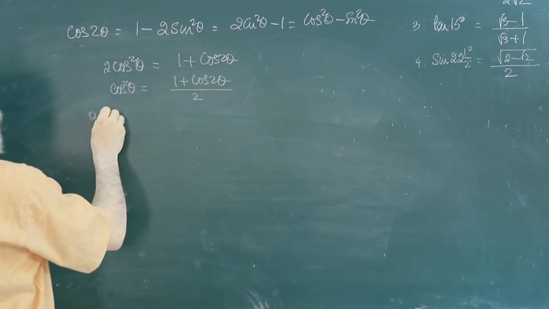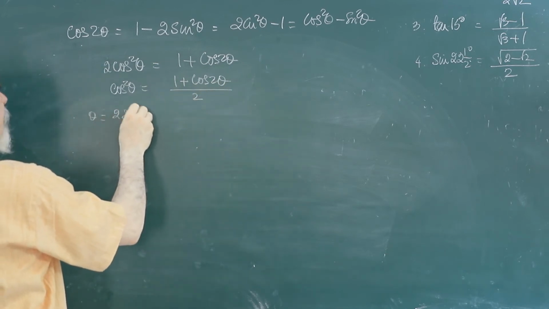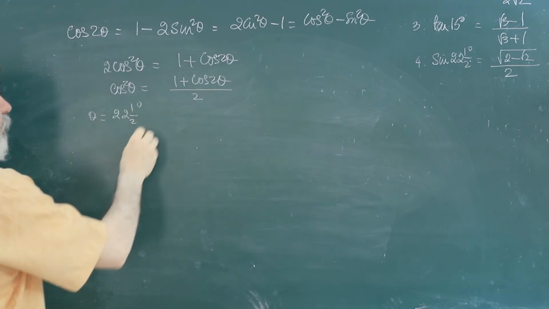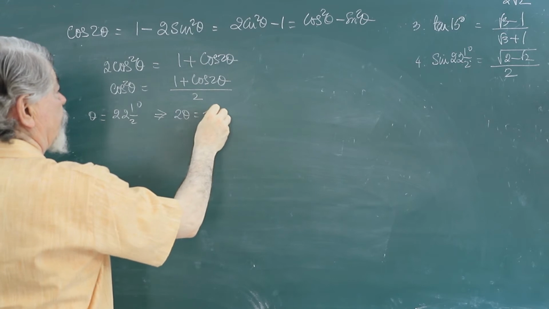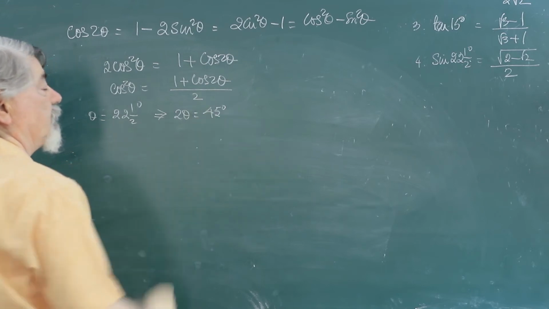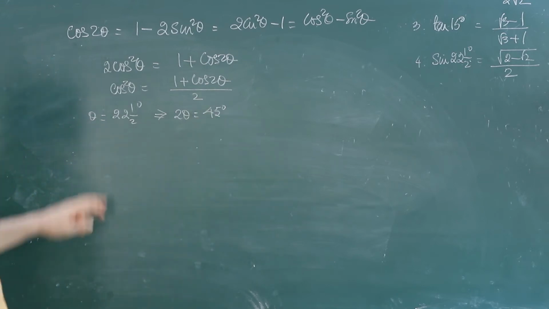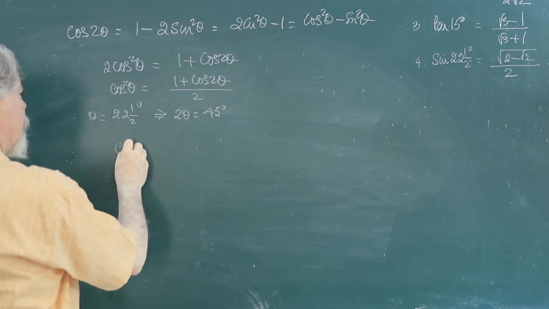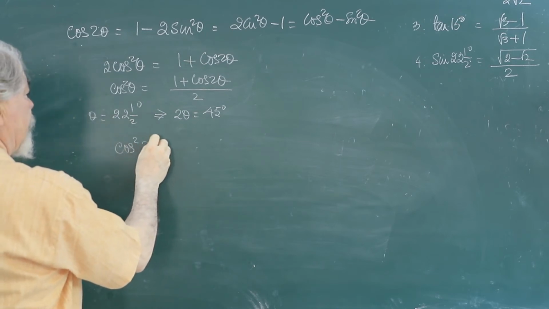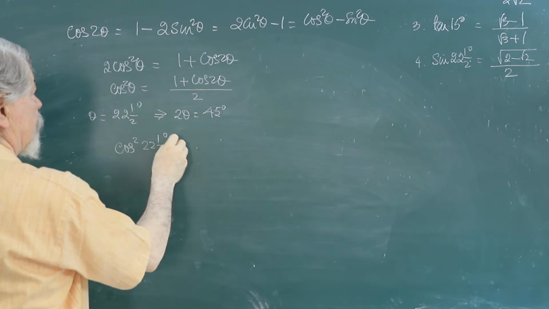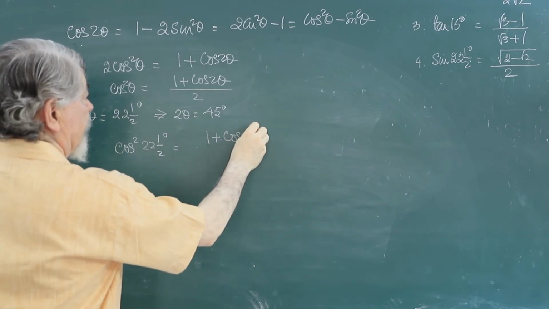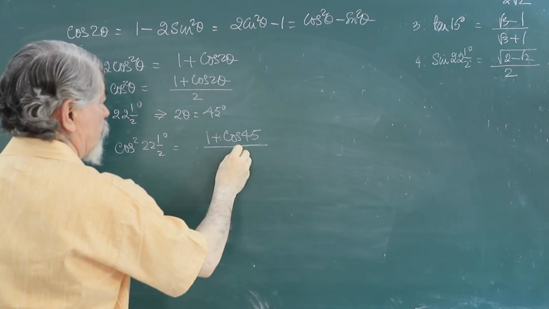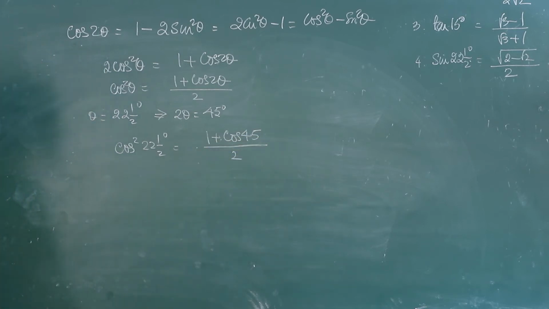If theta is 22 and a half degree, that will imply 2 theta will be 45 degree. So it will become cos square 22 and a half is equal to 1 plus cos 45 upon 2.